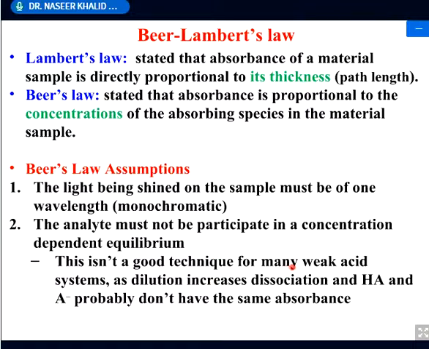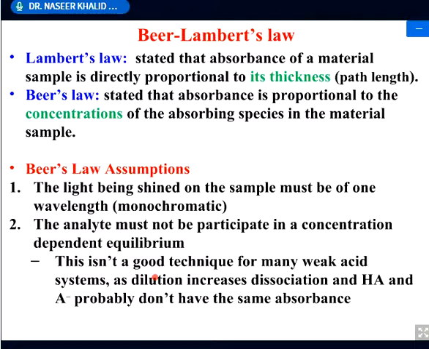This technique is not good for a weak acid such as acetic acid. Now, you know that acetic acid is a weak acid, and when it dissociates into acetate and the proton, they recombine. Acetate and the proton recombine to form acetic acid.